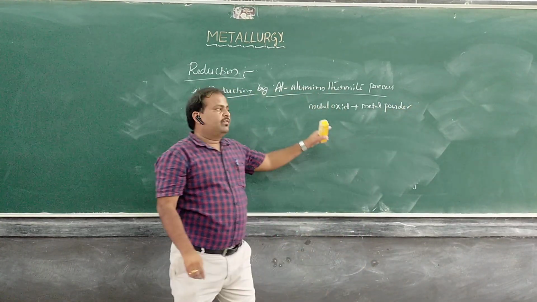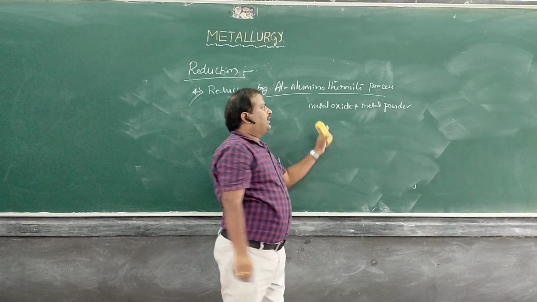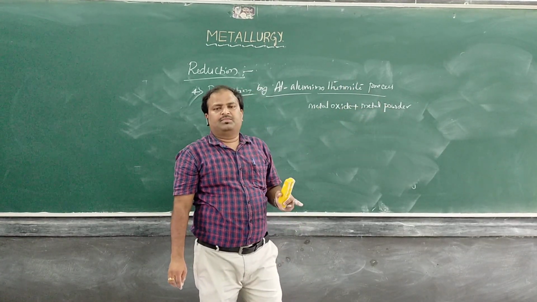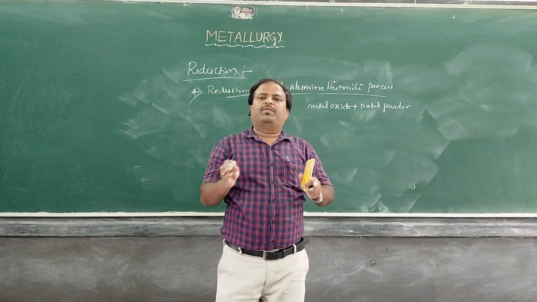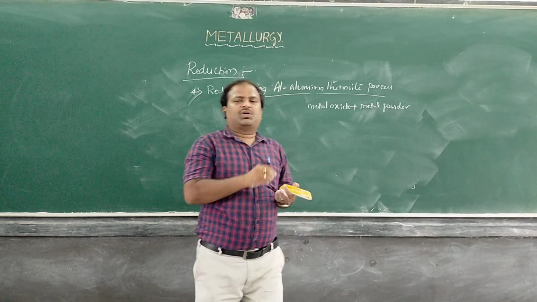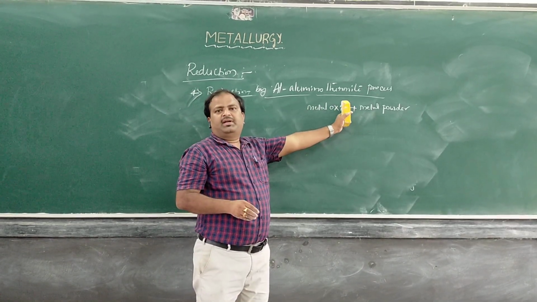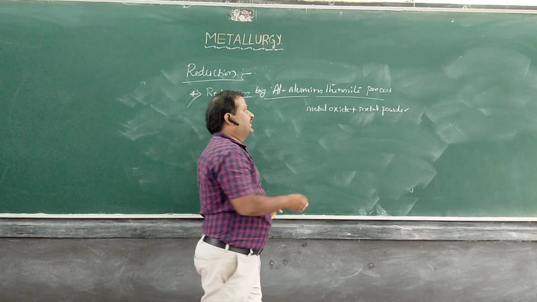It is a reaction of metal oxide and metal powder. It creates a very high temperature in a very small volume and in a very short time, and it is used in metal welding, military devices, and high temperature devices.